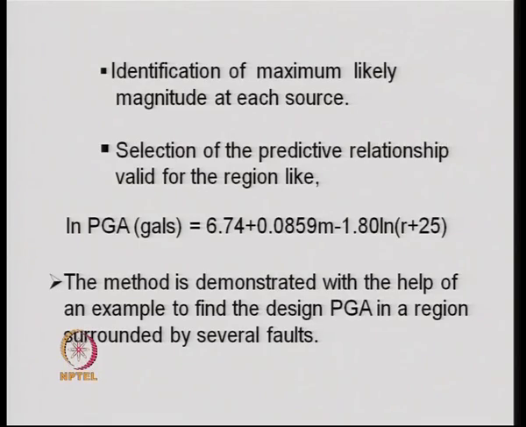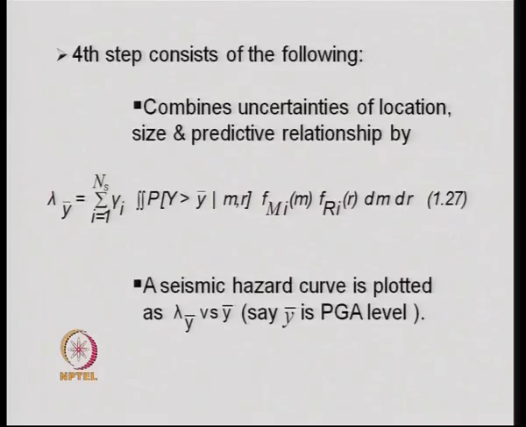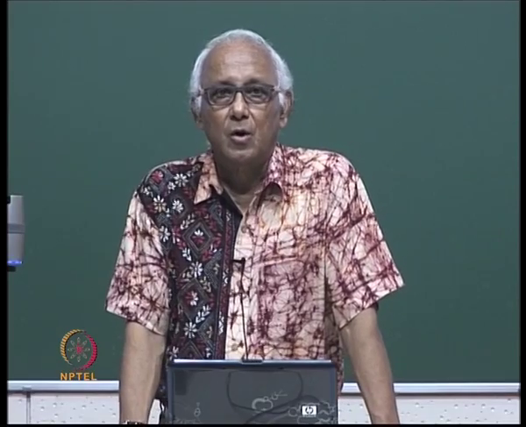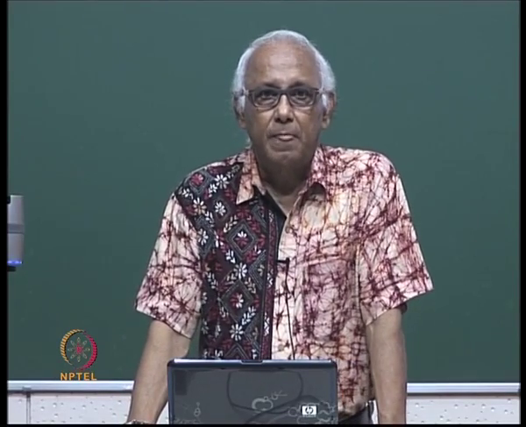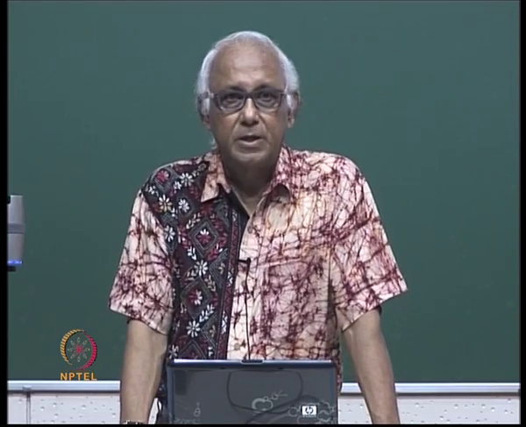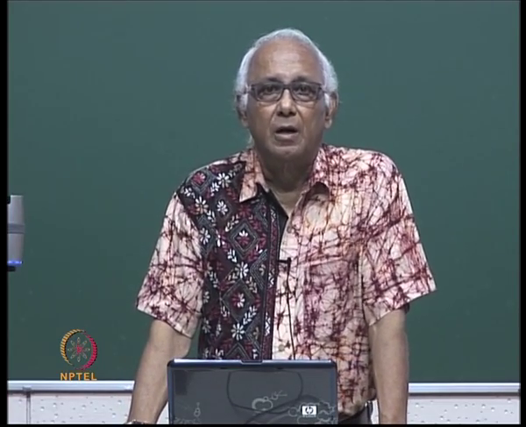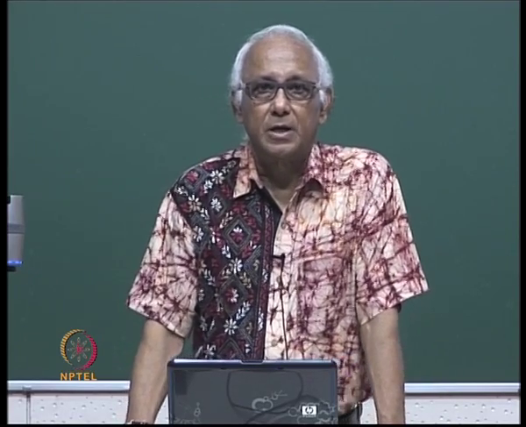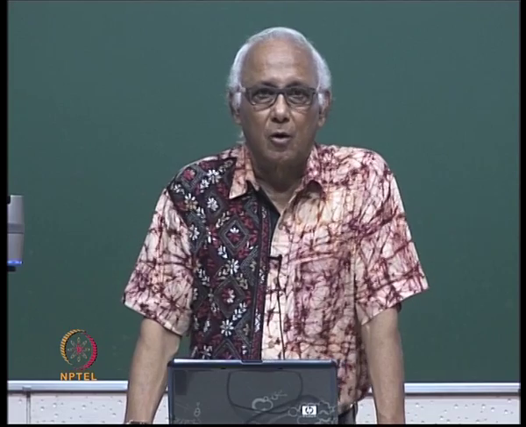This attenuation relationship will be used here with a standard deviation specified as sigma equal to 0.57. As I told you, this attenuation relationship provides you the average value of the PGA, and a standard deviation is specified because it is assumed that the peak ground acceleration for a given magnitude of earthquake varies log normally.